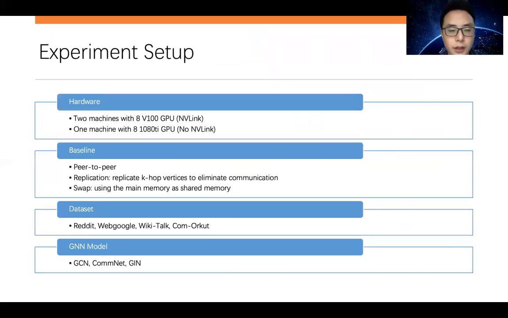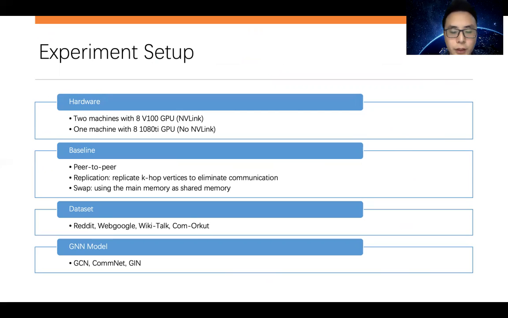So we conducted experiments on two types of machine: two servers with V100 GPUs connecting with NVLinks, and a server with 1080 GPUs connecting without NVLinks. We compare with three communication baselines: peer-to-peer, replication and swap.